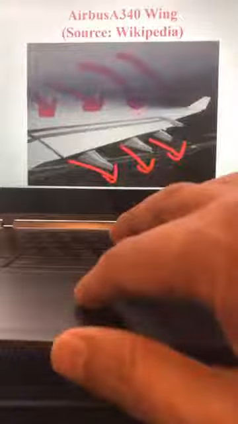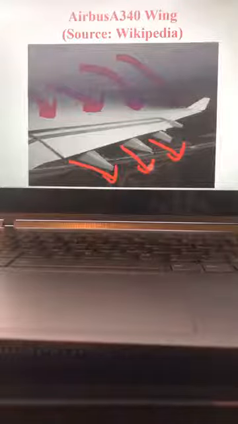I have shown two kinds of arrows here. The arrows on the top show that the air is flowing at a higher speed there, and underneath this wing, air is blowing at a lower speed. So exactly like that, what demonstration did I do? I did exactly the same, right? So there is a difference in pressure according to Bernoulli's principle.